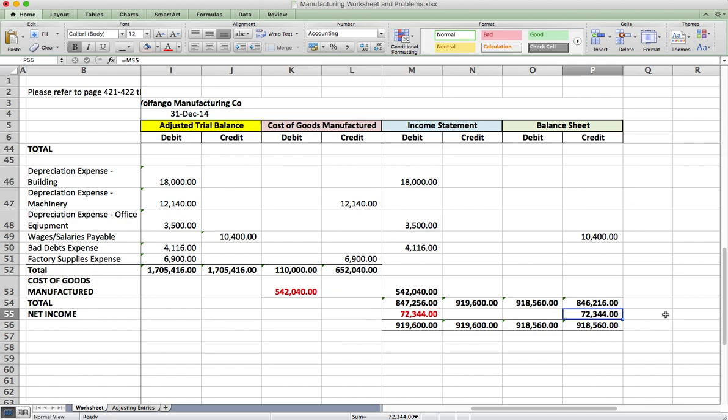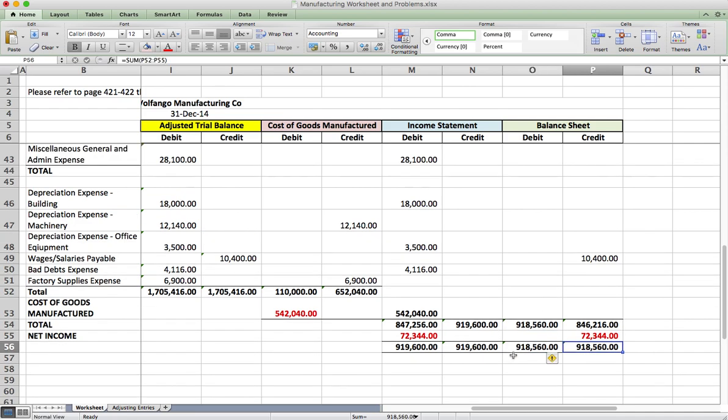Net income. And, saka sila magbabalance. Pag net loss tayo, mas malaki si credit side kaysa kay debit side. Pero pag net income tayo, mas malaki si debit side kaysa kay credit side. So, that is now your balance sheet.